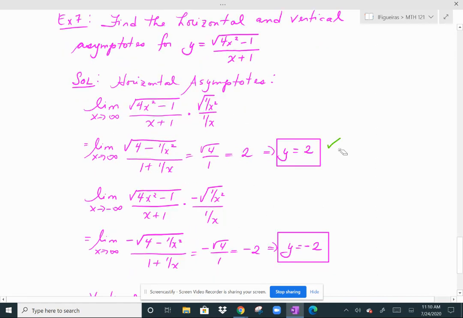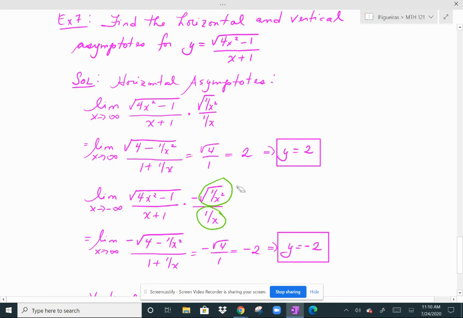But as x approaches negative infinity, things change. As x approaches negative infinity, this is a negative expression, because 1 over x as x approaches negative infinity is negative. But the square root of 1 over x squared, well, because I'm squaring negative infinity, that's a positive expression.